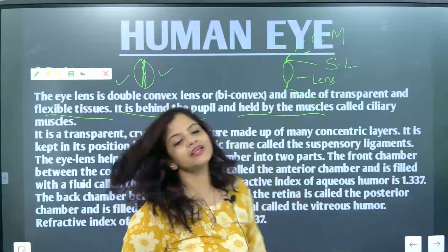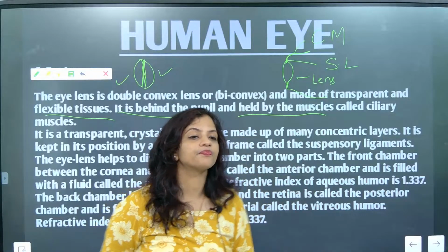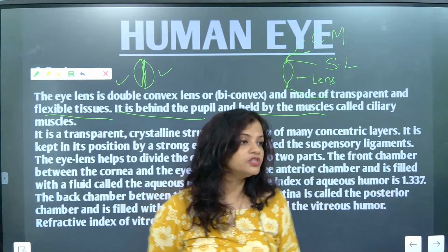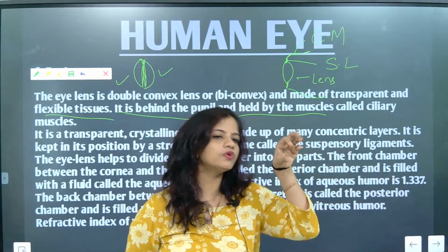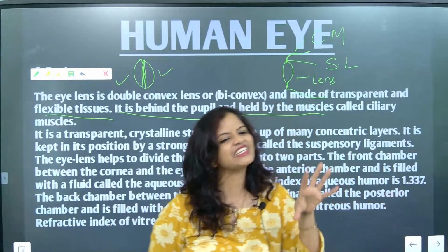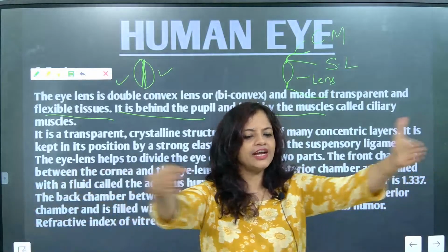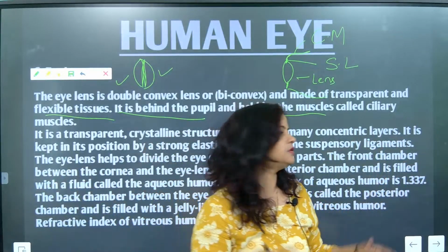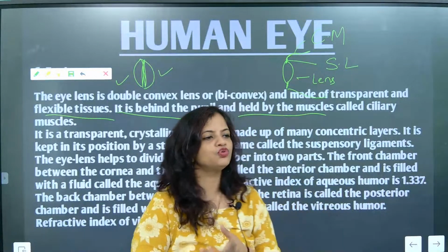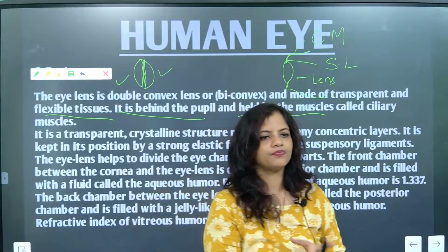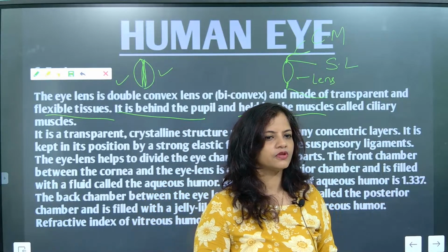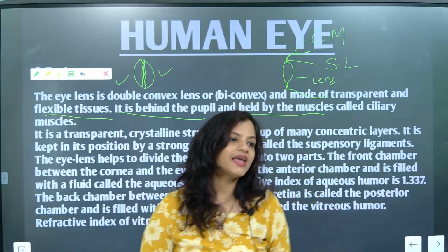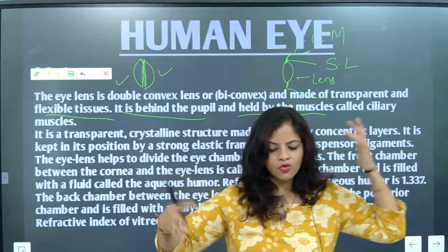So the eye lens is exactly what shape? Converging means focusing the light towards one point. Focusing the light towards one point is called convergence. But the most important thing we have to know is the shape. Convex or concave?